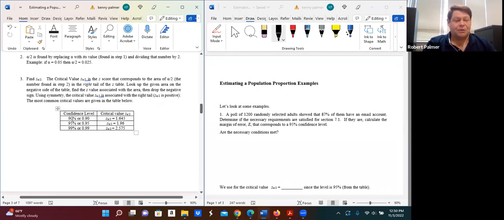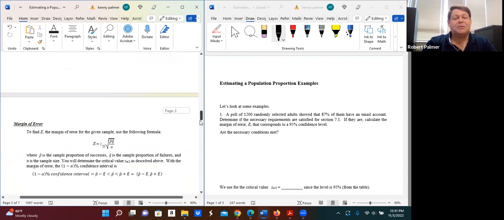So for 90%, your critical value, z of alpha over 2, is 1.645. For 95%, it's 1.96. And for 99%, it's 2.575. We'll use those values in examples as we need to. There are methods to find a more general critical value, but those are the main ones we'll use.